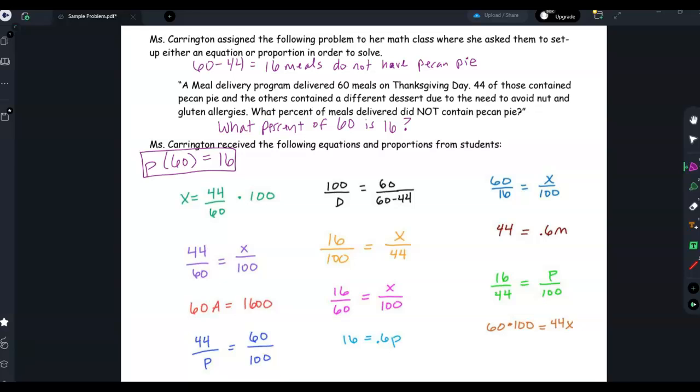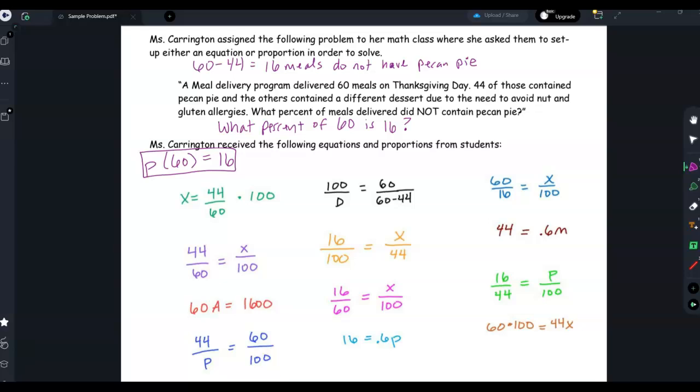So this is one way I could set up this problem with the translation method. So what I would do then is look at, in this case, my student work and look for any that look like that. And you don't necessarily have to solve this, but it wouldn't hurt to do that. If I wanted to solve the equation that I've just written here, I would actually divide both sides by 60.